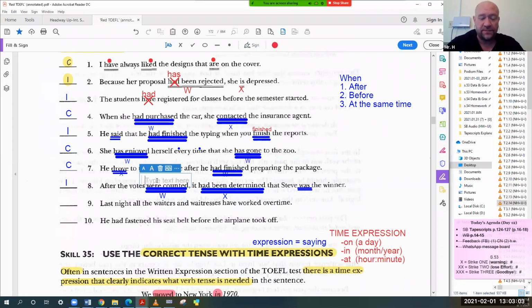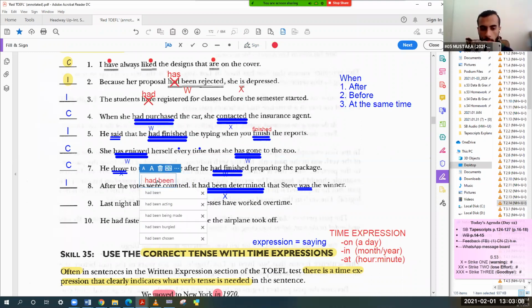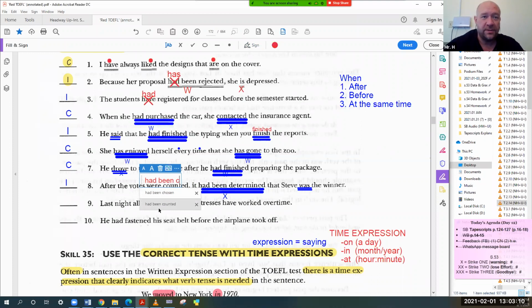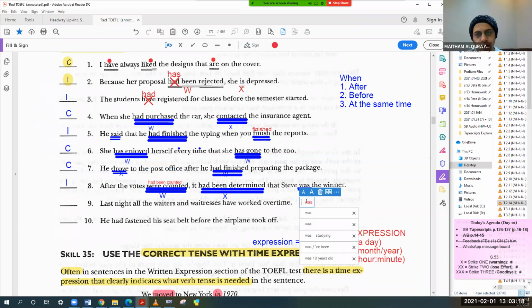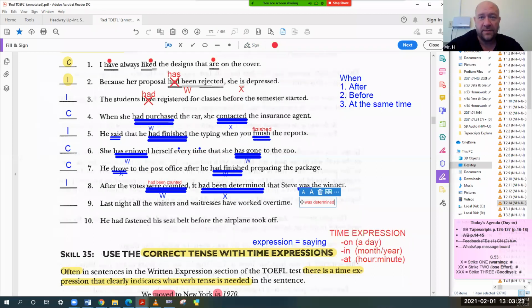After the votes, had been counted. This is the correct sentence. And then here, what should it be? It was determined. This is the correct answer. It was determined. There you go. Now we have W, had been counted, and here X.